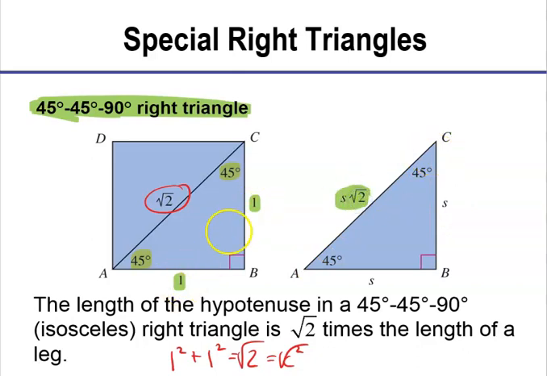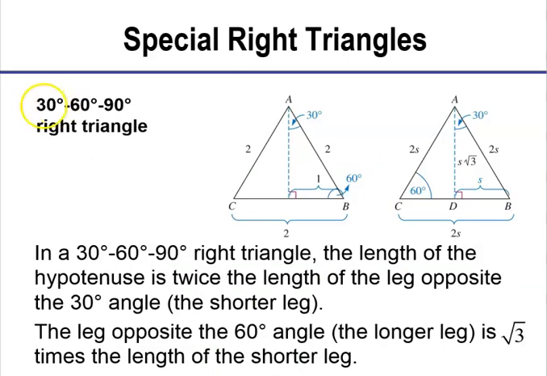So if these were side lengths of 3, then the hypotenuse would be 3 square root of 2. Or if these were side lengths of 111, then it would be 111 square root of 2. And that's worth recognizing. So if you have a 45, 45, 90 triangle, and if you know a side length, then you automatically know the hypotenuse. So next I want to talk about relationships of sides in a 30, 60, 90 triangle.